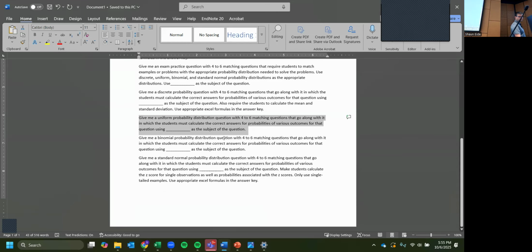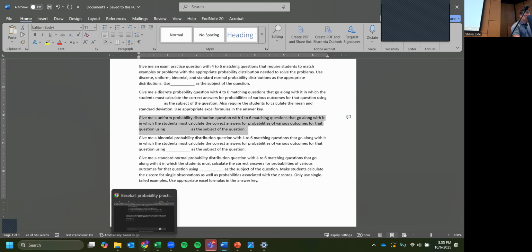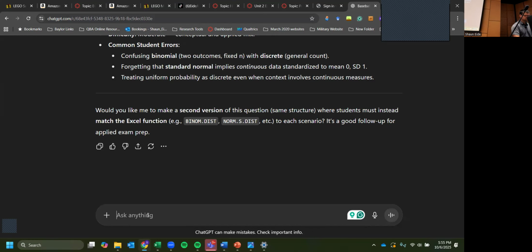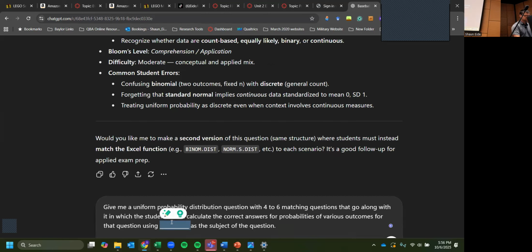Okay. Give me a uniform probability distribution. Here we go. This is something that I know you guys have been struggling with-ish.